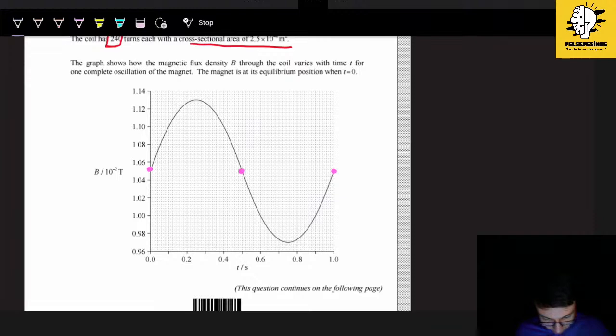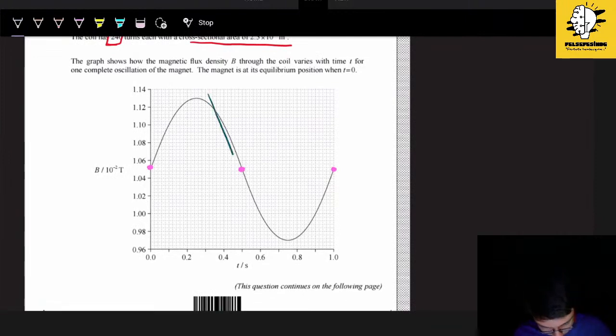Since we are in the live video, you can do it more carefully. I will draw a line tangent to this point, okay? Tangent to this point. Or I should draw it like this so that I can go through it. It looks nice, right? I will calculate the gradient over here.